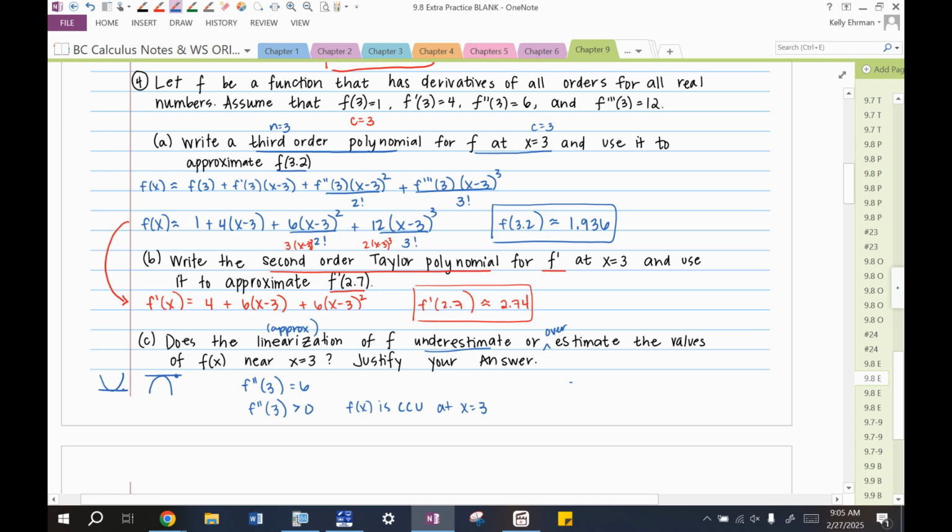So when we are plugging in values near x equals 3, like 3.2 or 2.7, we can say that the approximation is, what did I say, concave up, an underestimate. I always have to draw the picture for myself because I can't keep it straight. Now, I referenced 2.7. I should have just said we're talking about the 3.2 value.